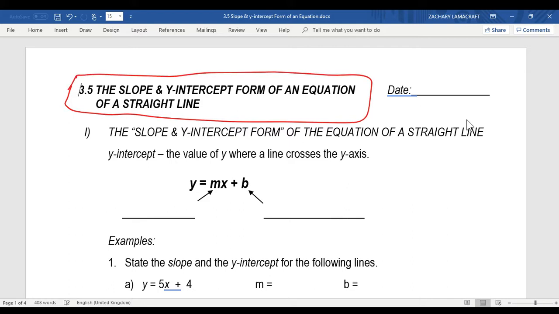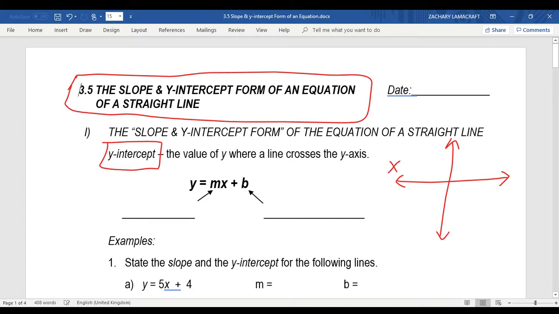So this lesson is on the slope and y-intercept form of an equation. Okay, so the slope and y-intercept form of the equation of a straight line. So the y-intercept, remember that if we have our Cartesian plane, the axis that goes side to side is called what? The x-axis.